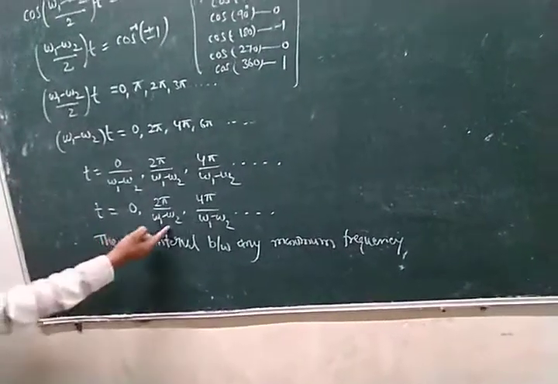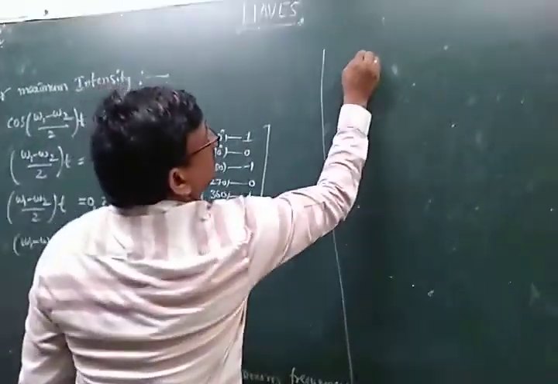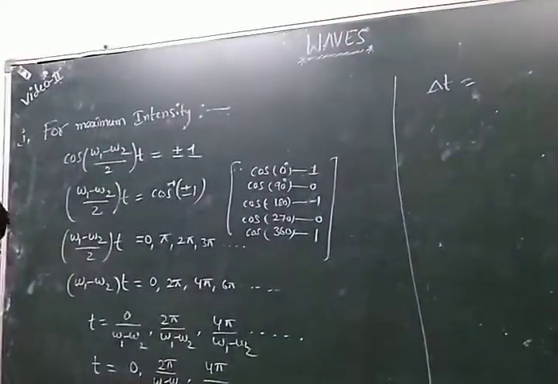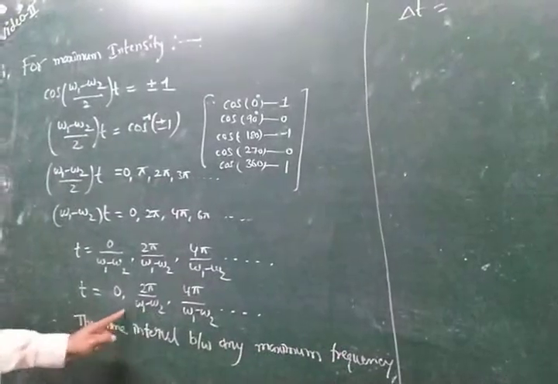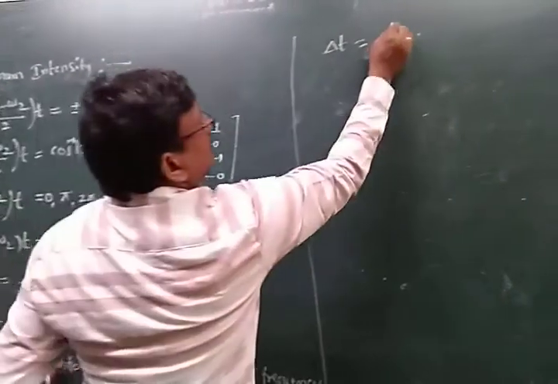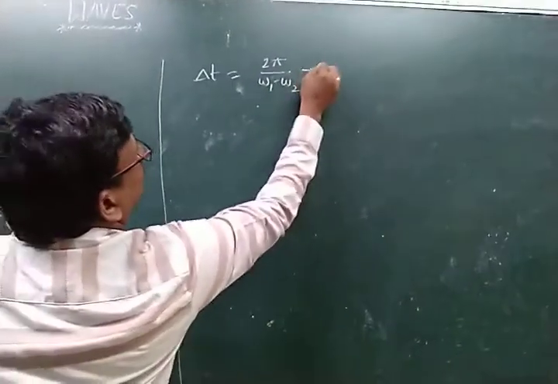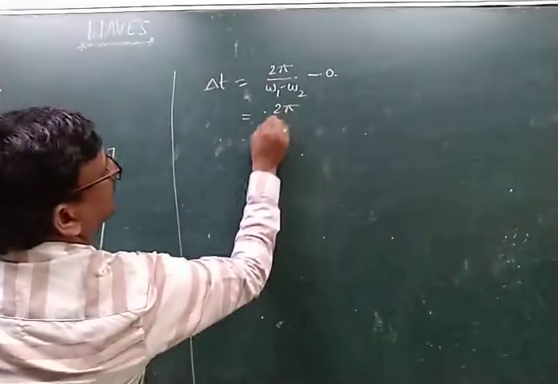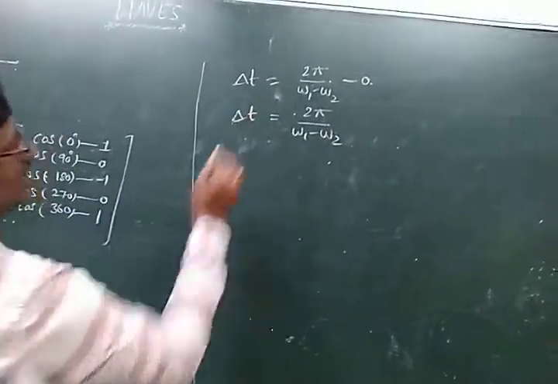See here, this is the delta t. Delta t is equal to the difference T2 minus T1. What is it here? 2 pi by (omega 1 minus omega 2) minus 0, which is equal to 2 pi by (omega 1 minus omega 2). So delta t.